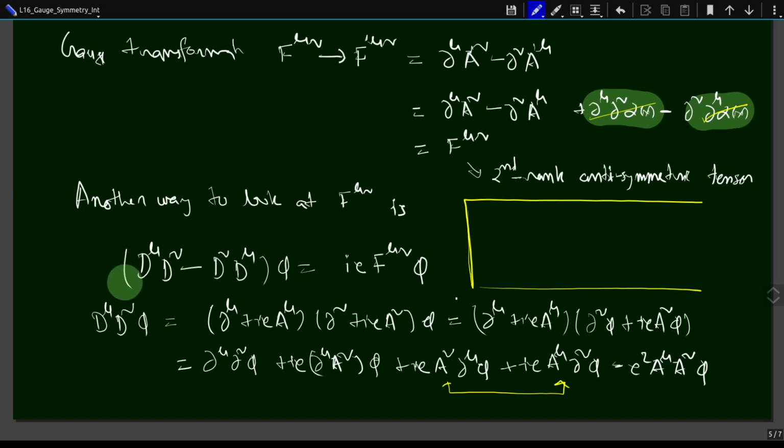What the curvature tensor looks like in terms of the covariant derivative is what F mu nu is going to look like in terms of the gauge covariant derivative, which is D mu D nu minus D nu D mu acting on phi, defined to be i times e times F mu nu phi.